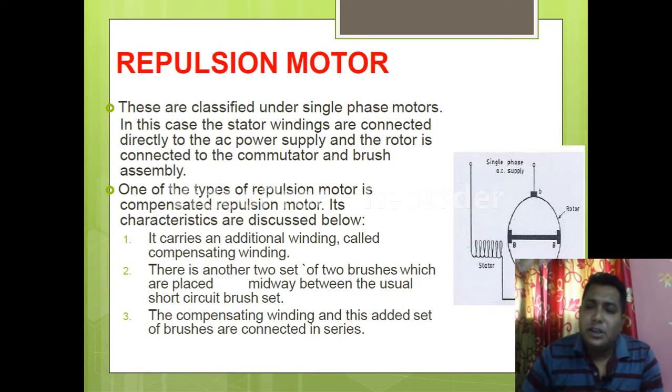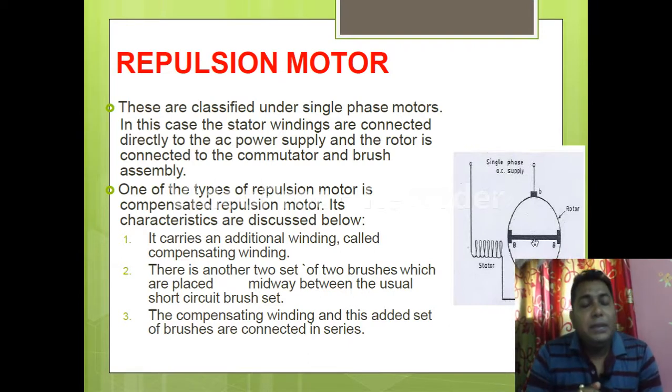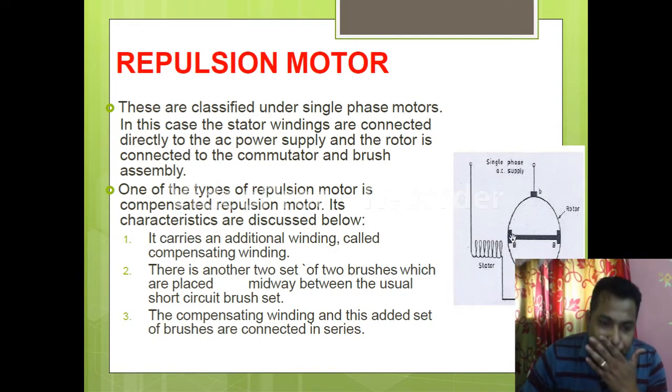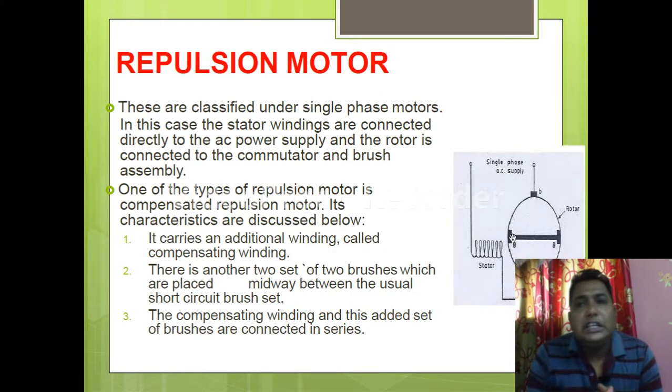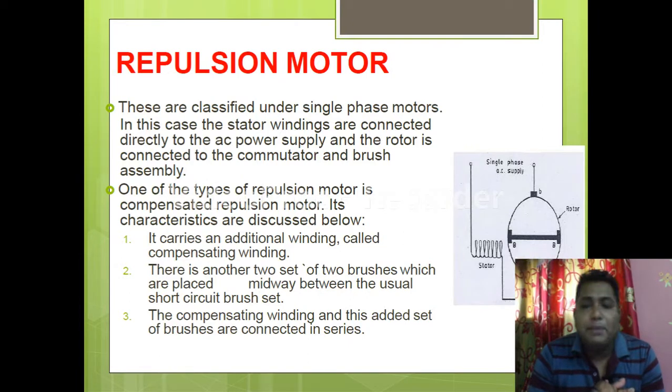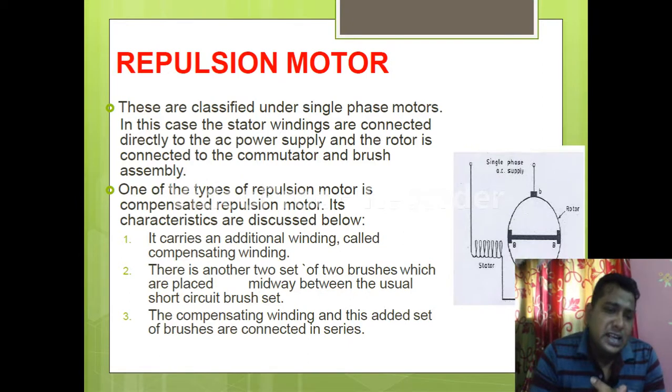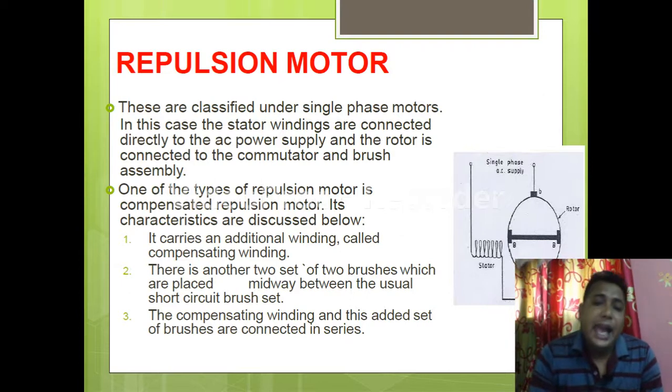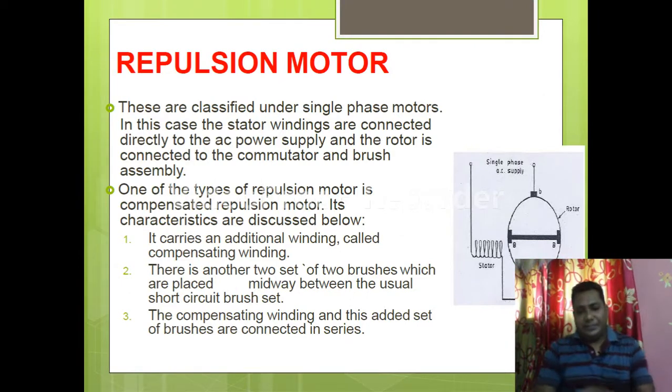Follow my pointer: these are the two brushes, but another two sets of brushes are placed midway, here, as a short circuit brush set in the midway of the rotor section. The compensated winding and this added set of brushes are connected in series.